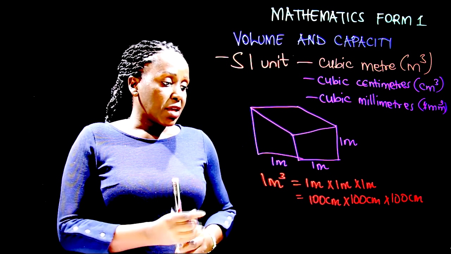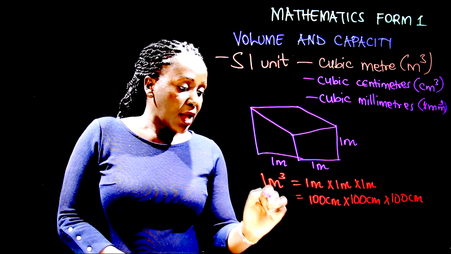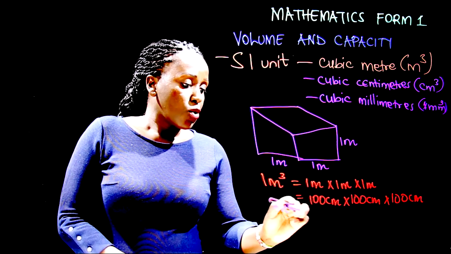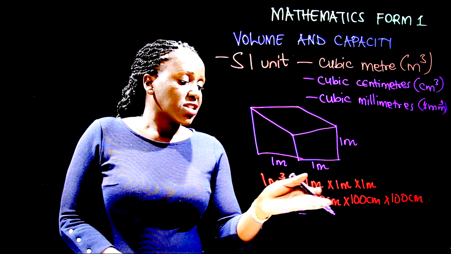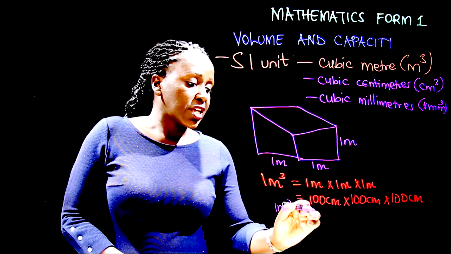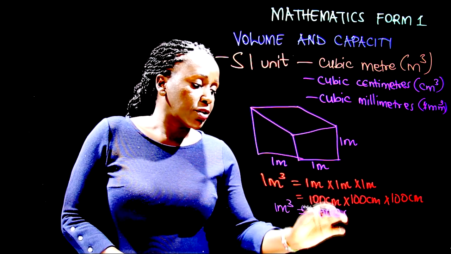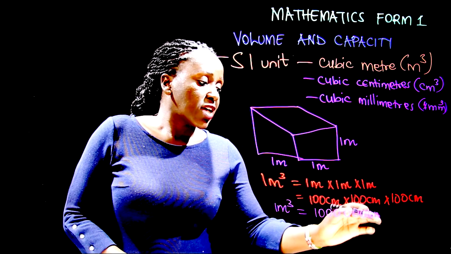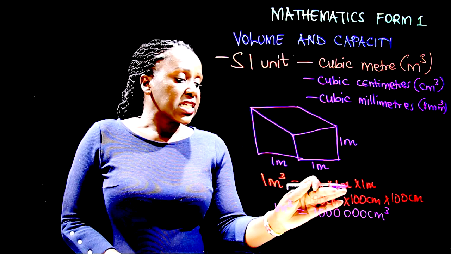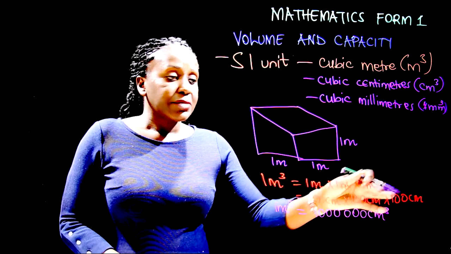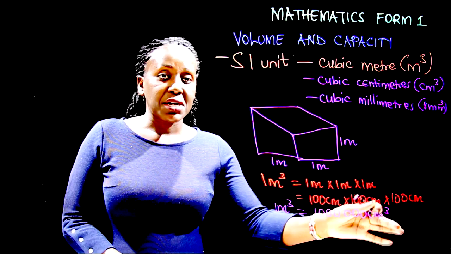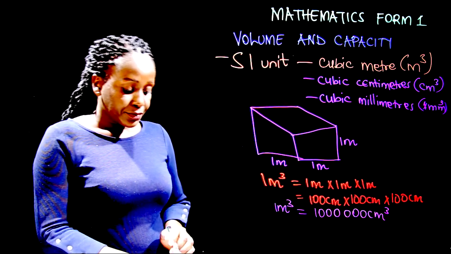So we can conclude that 1 meter cubed will be equal to 100 times 100 times 100, which is 1 million centimeters cubed.